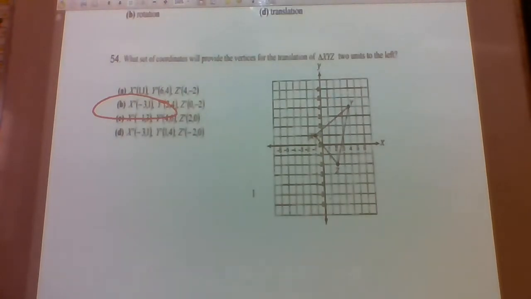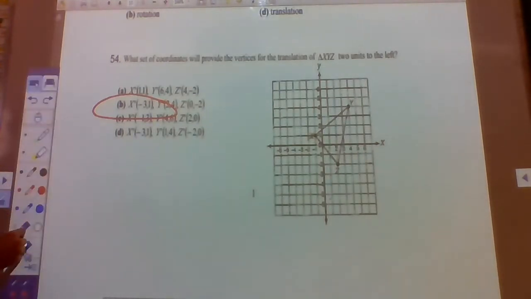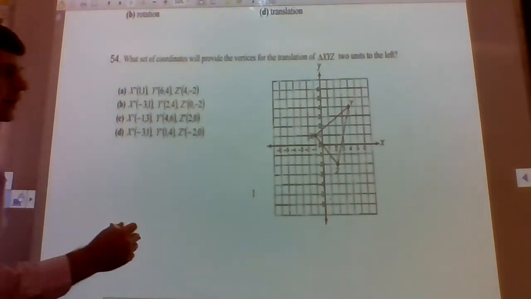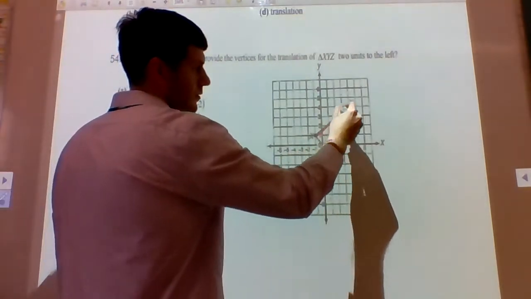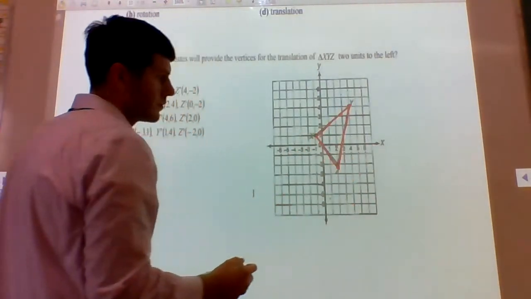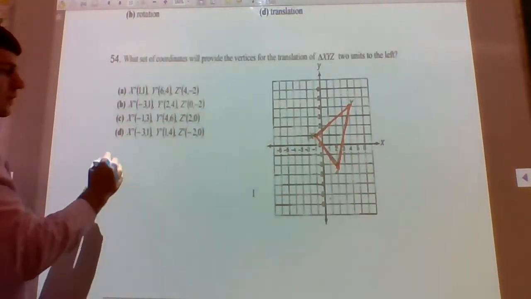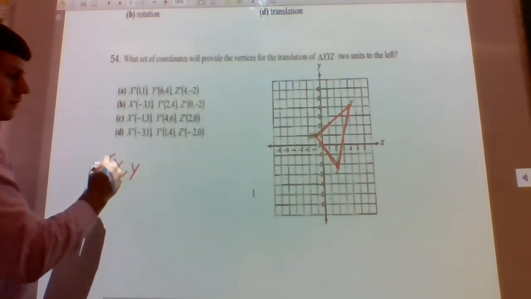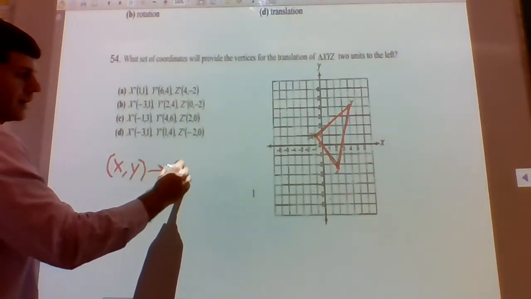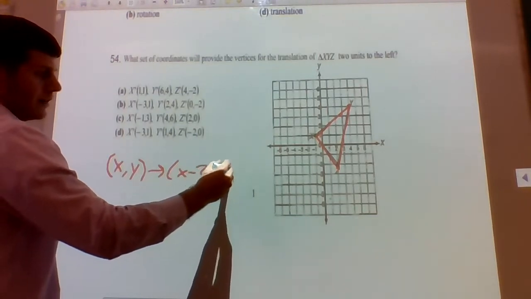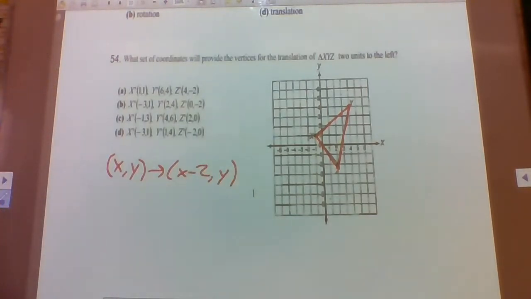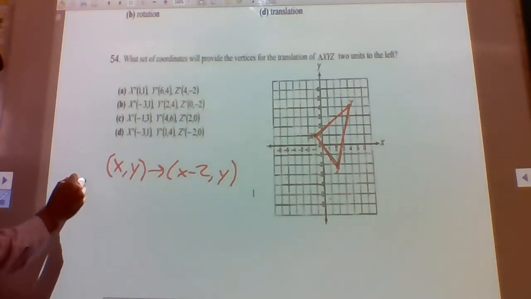54. What set of coordinates will provide the vertices for a translation of triangle XYZ 2 units to the left? So here we have triangle XYZ. Let's plot our points. Our rule, 2 units to the left, is going to be X minus 2, Y. Point X there is negative 1, 1.